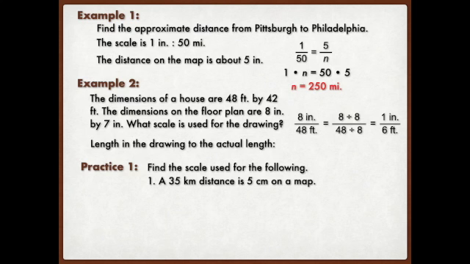So we have 5 is to 35, but the focus here is I need to simplify. Is there a greatest common factor here? Yes, 5 can go into both. So I can break this down to 1 centimeter equals 7 kilometers because 5 goes into both. Okay, 1 centimeter equals 7 kilometers.